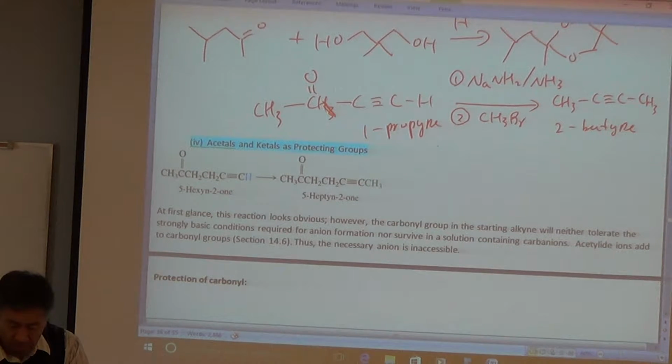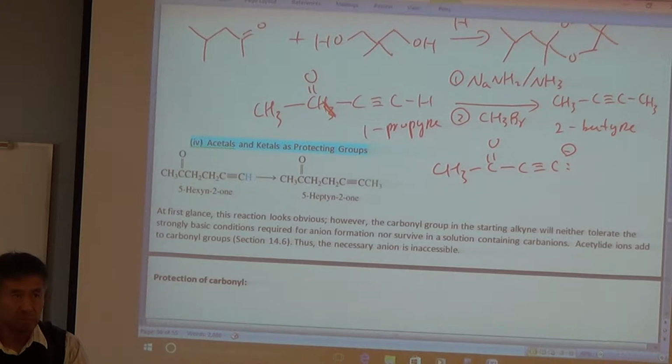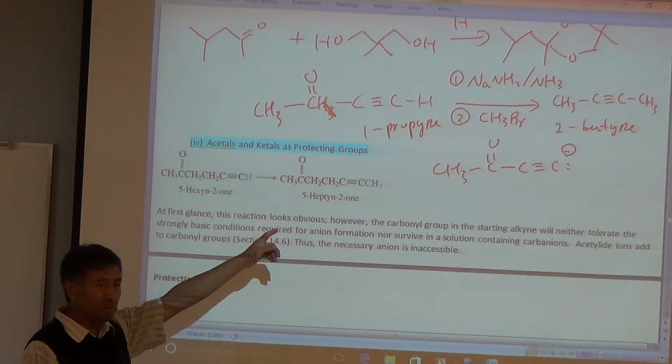In your first step, you will produce this CH3, C double bond C, C triple bond, and this negative ion. That's the result of your first step on the top.